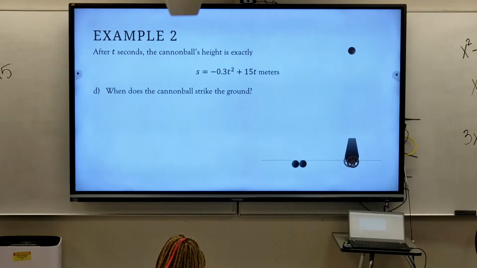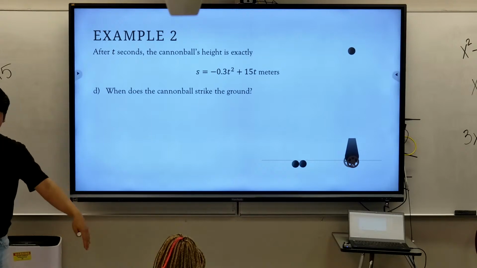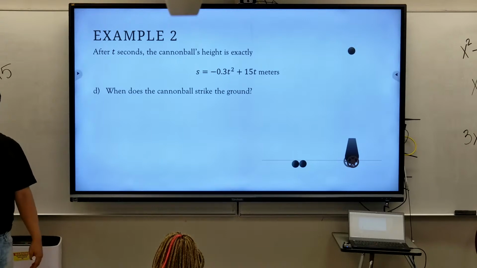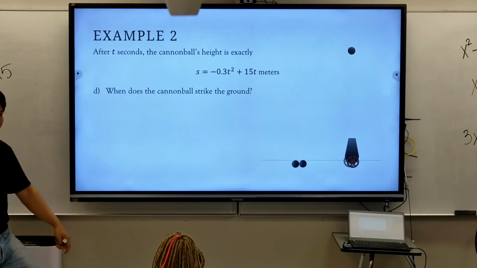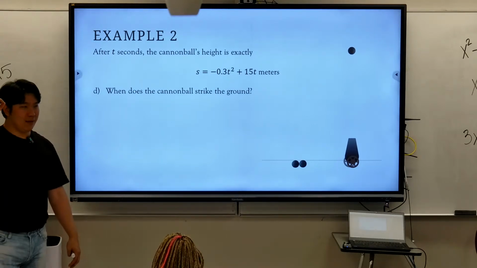So when my cannonball hits the ground, y'all are along the right idea. My cannonball, let's say it just hits the ground, it doesn't pierce the ground. It's at height 0. So when it hits the ground, assuming that it doesn't pierce the earth, my height is 0.